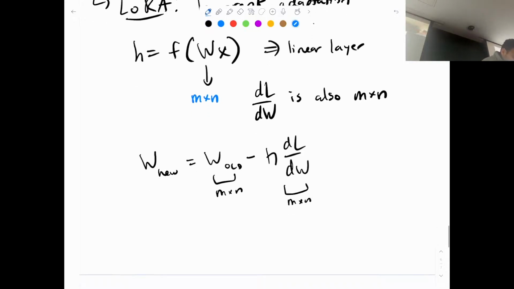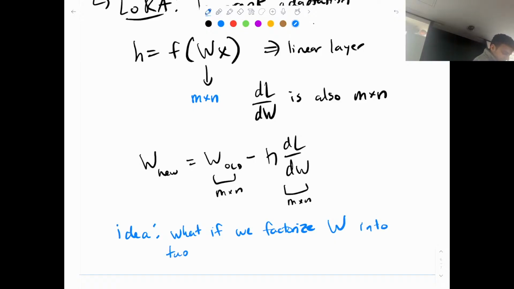So the idea of LoRA is, what if we factorize W into 2 low rank matrices, which we'll call A and B.